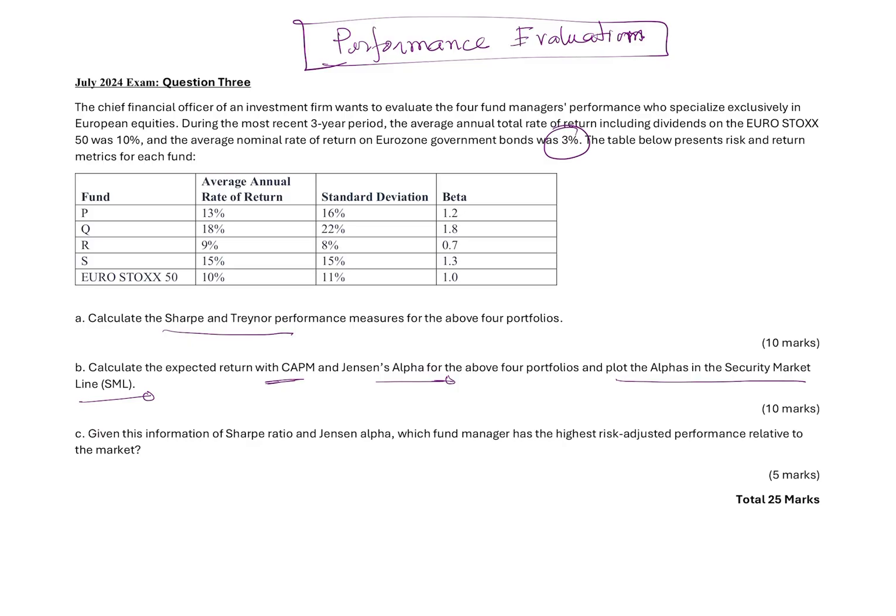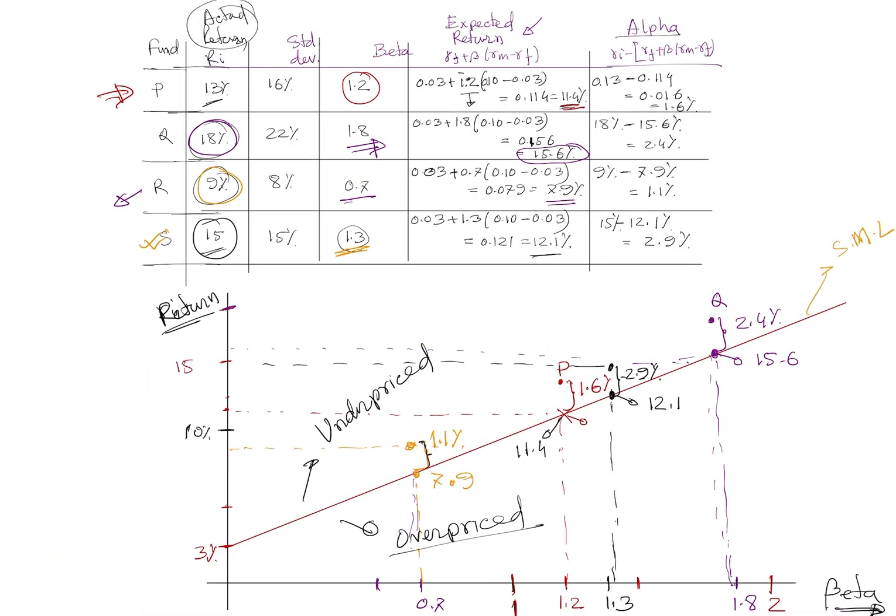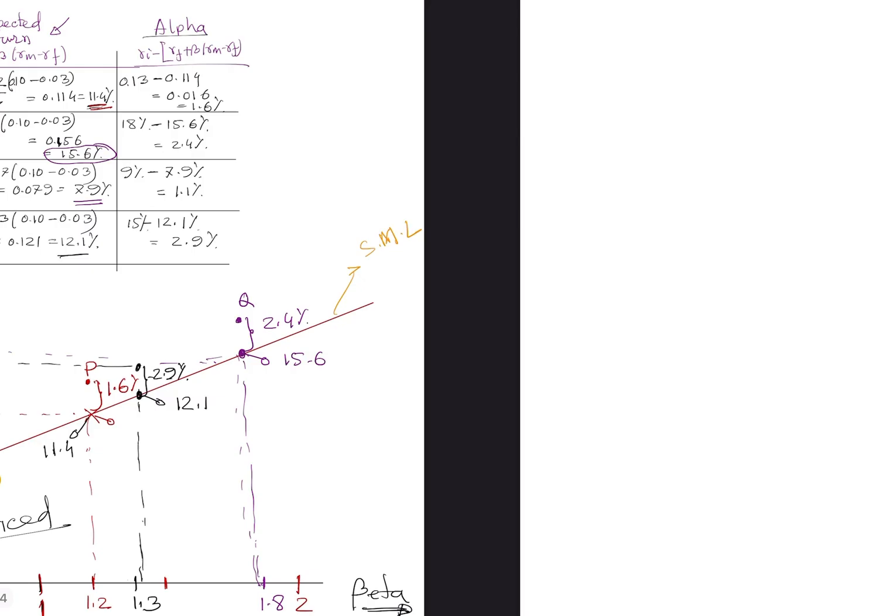Now let's look into the third question, what they're asking. The third question is asking, given the Sharpe ratio and Jensen's alpha, which has higher risk adjusted performance, right? So we need to calculate, find out the Sharpe ratio, right? So let's just do one thing in here. Just put the different funds, and what is the Sharpe ratio and what is the alpha, right?